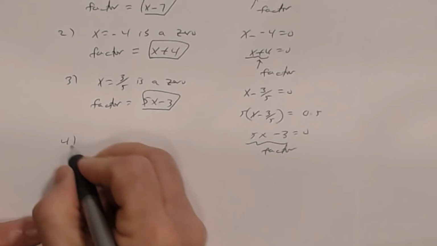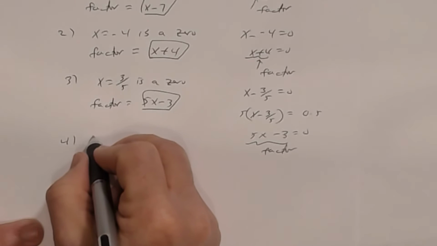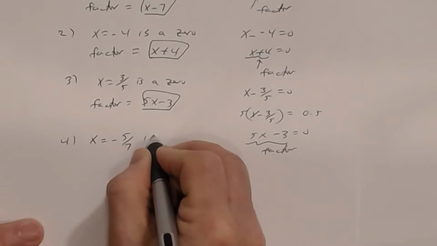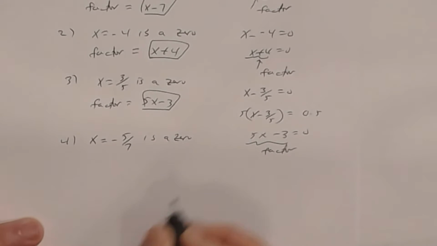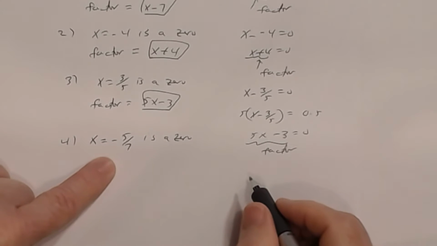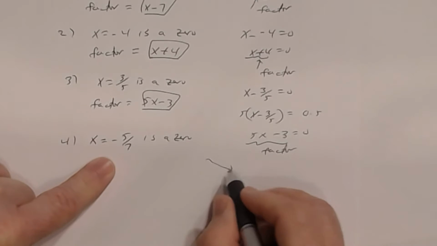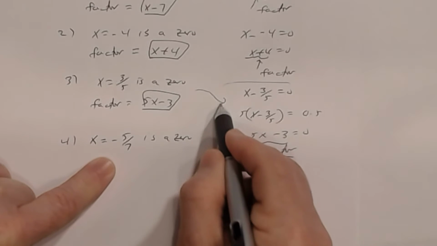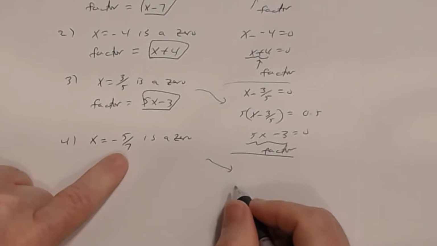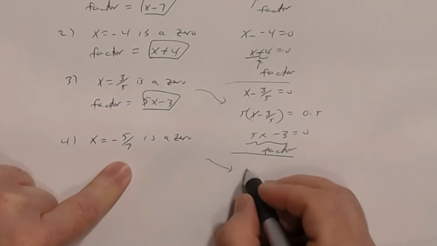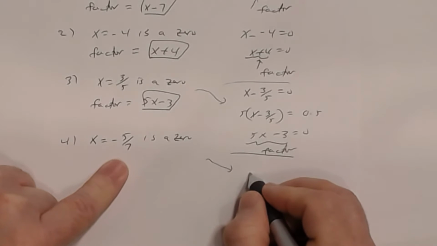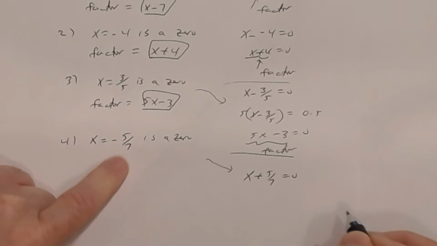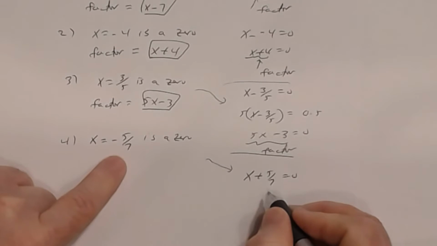Number 4 is another fraction for zero. So you get x equals negative 5/7 is a zero. Using that same process, if x equals negative 5/7 is a zero, then the equation we would use would be x plus 5/7 equals 0, because when I solve for x, that's how I get negative 5/7.